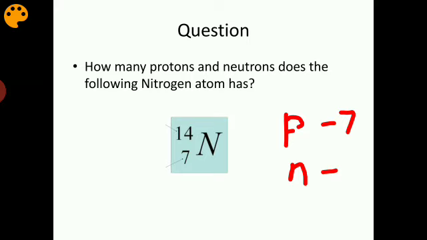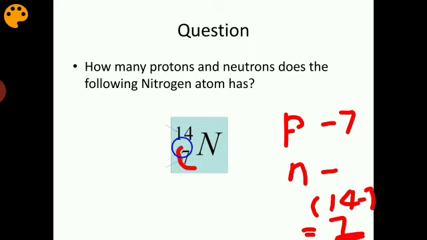To find the number of neutrons, you need to subtract the atomic number from the mass number. 14 minus 7, which is 7. So 7 is the total number of neutrons in this nucleus. How does 7 become the answer?